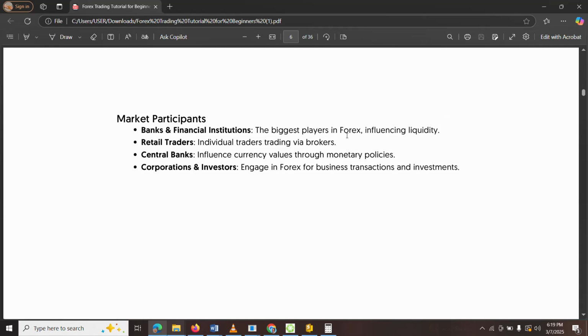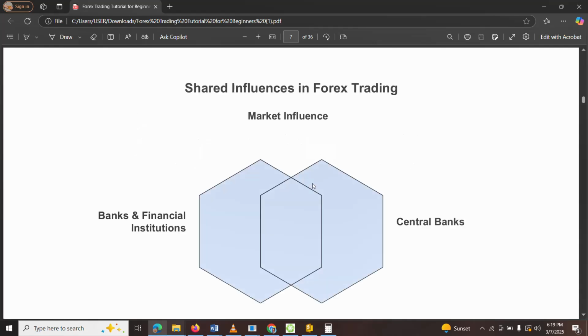Then we have central banks. These influence currency values through monetary policies. We also have corporations and investors. These engage in forex for business transactions and also investment.